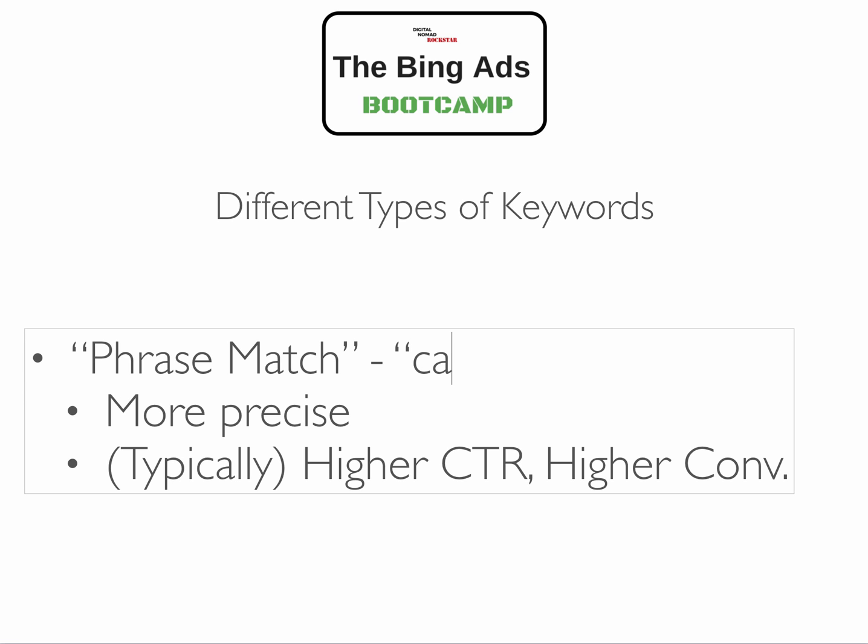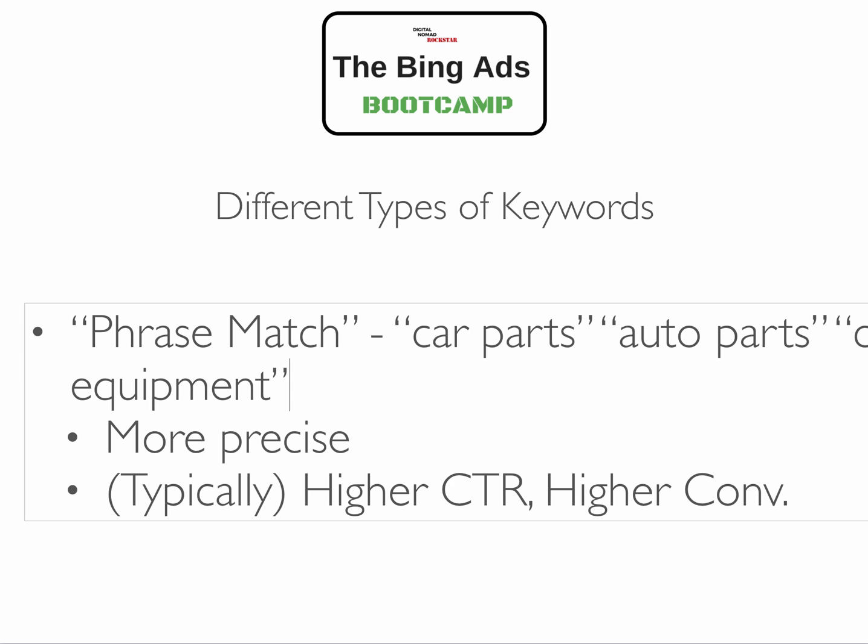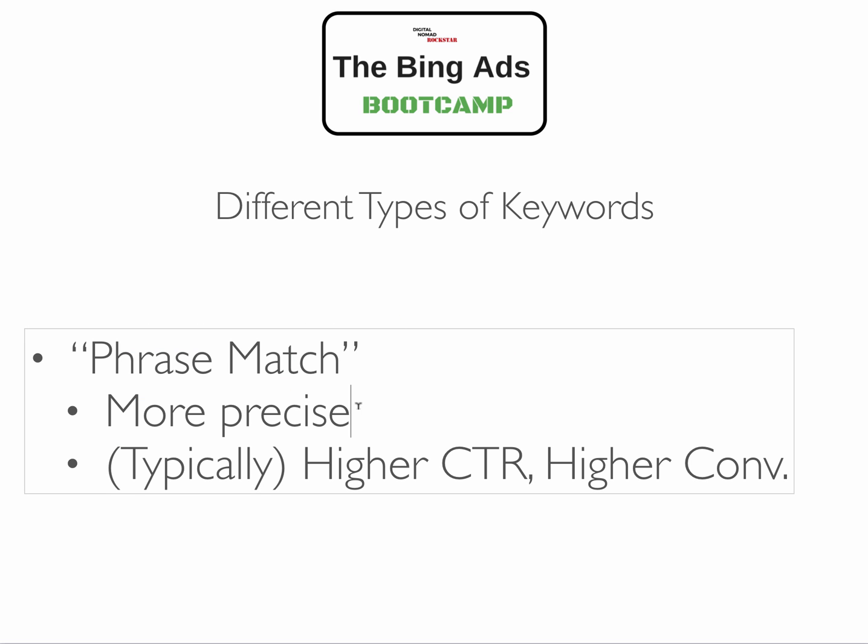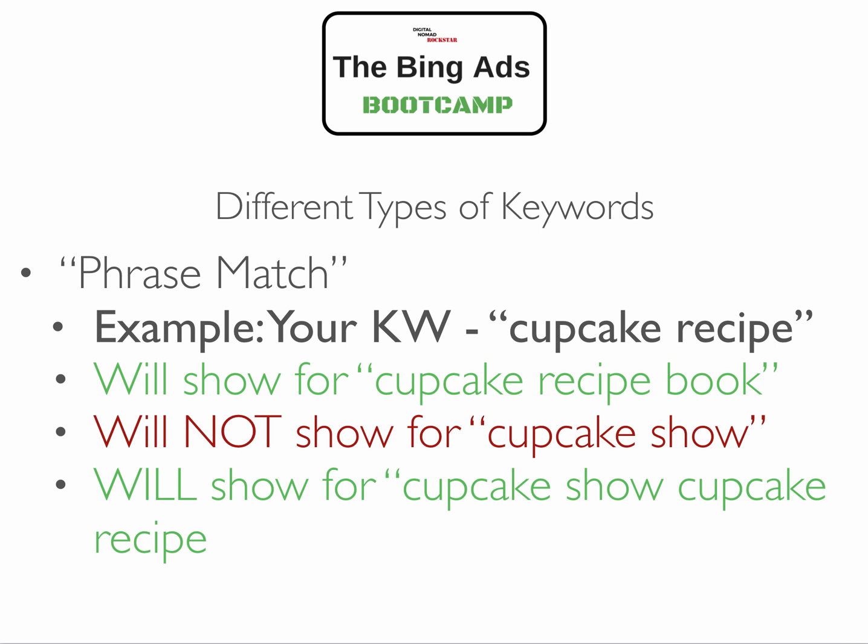But what you might do manually is go "car parts," "car auto parts," and whatever other car equipment. So those would catch different phrases. This is more precise. Typically higher click-through rate, higher conversion.